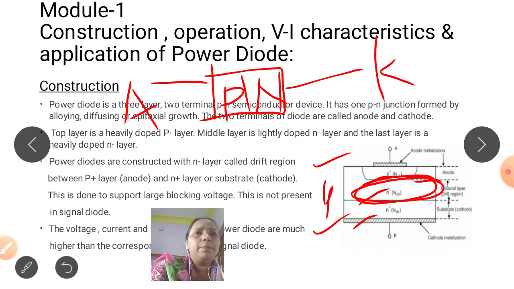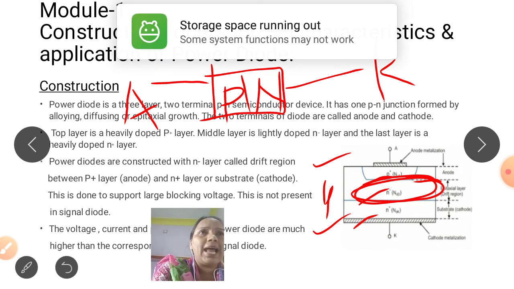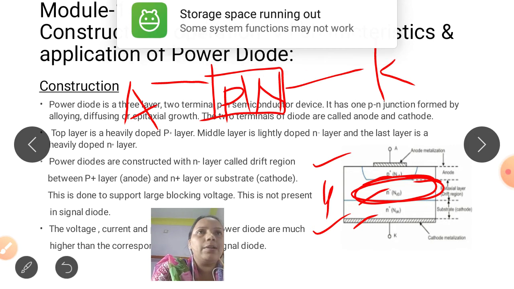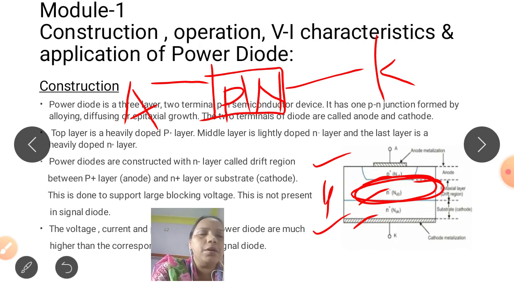From where do p plus, p minus, n plus, n minus come? P plus means a heavily doped p layer. Heavily doped means the doping level is 10 to the power 19 atoms per cm cube. Similarly, n plus means a heavily doped n layer, also with a doping level of 10 to the power 19 atoms per cm cube. And n minus means a lightly doped n layer, where the doping level is 10 to the power 14 atoms per cm cube.